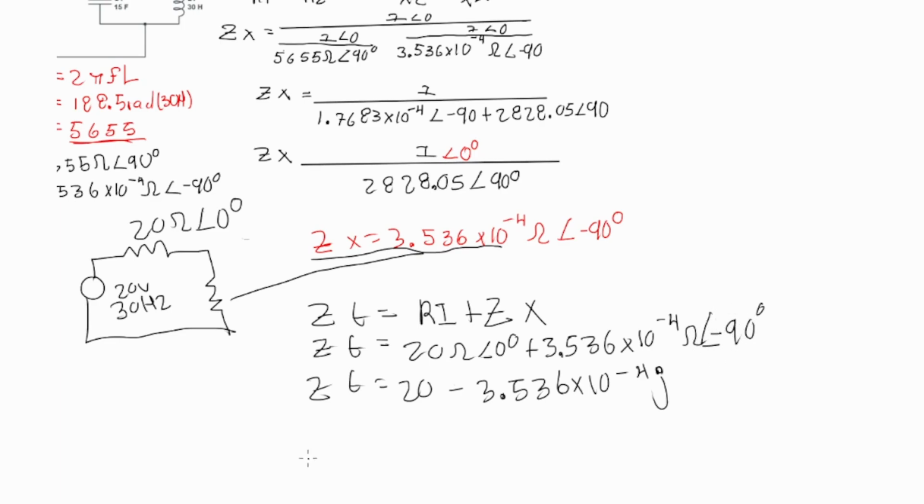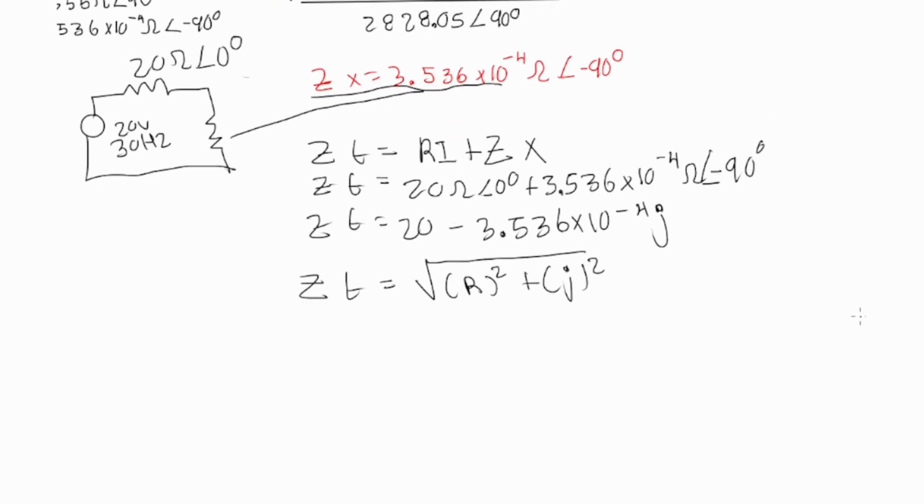And I think we all remember the formula from the previous video, where if we have an equation in this way, we can simply say that the total impedance value will equal the square root of the real part squared plus the imaginary part also squared. So we can express that in this way.